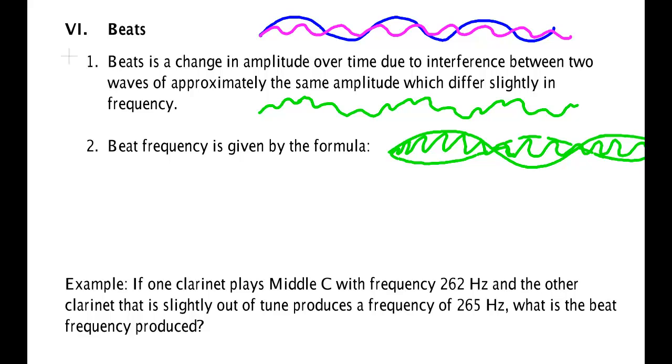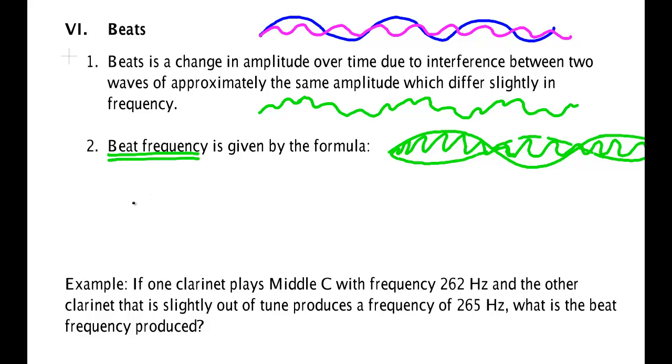What that means is that you get the regular wave, but the amplitudes constructively and destructively interfere as the waves go in and out of interference over a long time. And this gives the sound of a rising and lowering pitch, kind of a whoa, whoa, whoa type sound. This is known as beats.